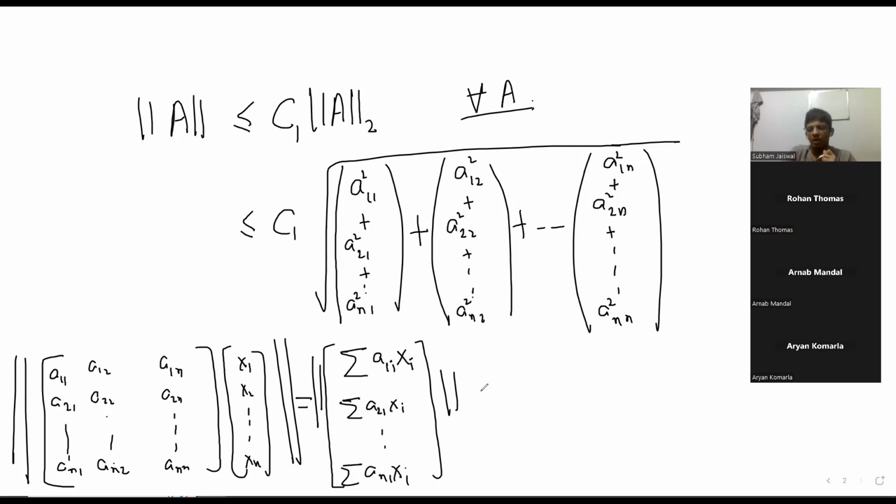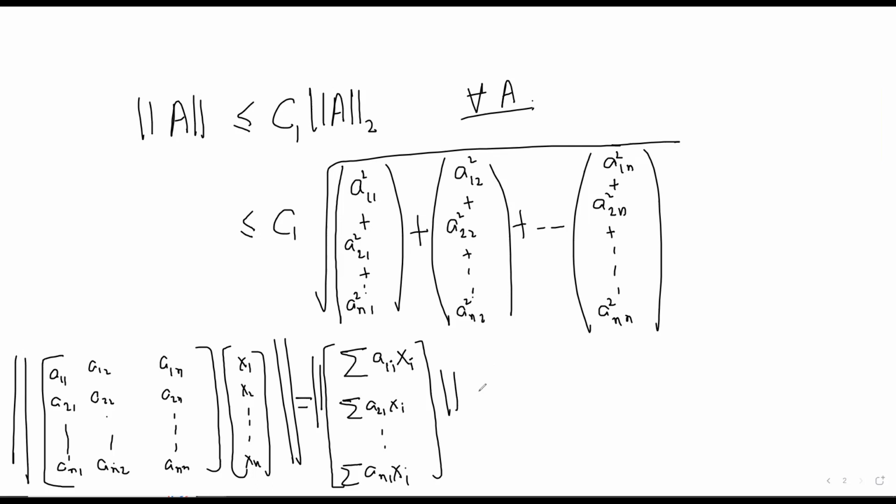So let me write it. So you can see that this is going towards Cauchy-Schwarz. This is a square. Because you want to separate the xi's, right? You want to remove the xi's from all these things. That's your goal.